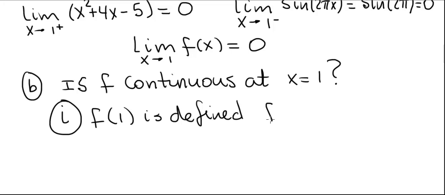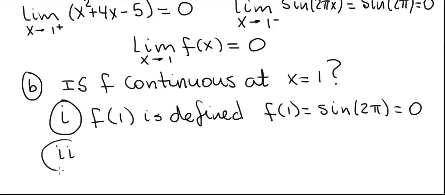So in our case, because the function is defined for anything less than or equal to 1 by sine of 2 pi x, f of 1 is sine of 2 pi, which is equal to 0. So the function is defined at 1. Number 2, the limit as x approaches 1 of f of x must exist.